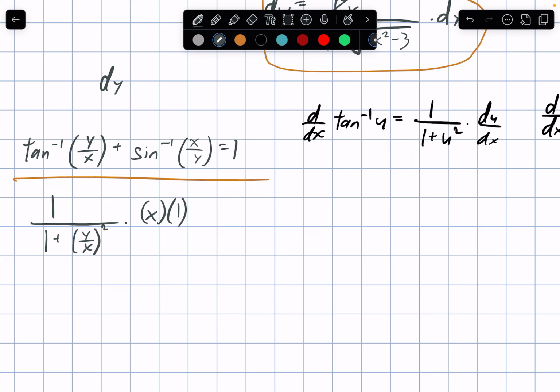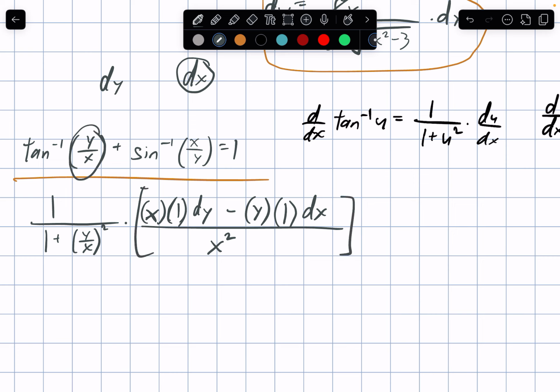So let's do exactly that. Copy the denominator and then the derivative of the numerator. Derivative of y is 1 times dy. And then minus sign, copy the numerator, and then the derivative of the denominator, dx, coming from dx over dy, but you only write dx. Okay? And then below, this is going to be x squared. This is quotient rule.